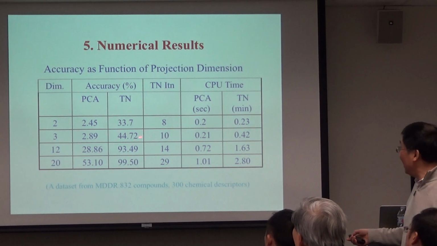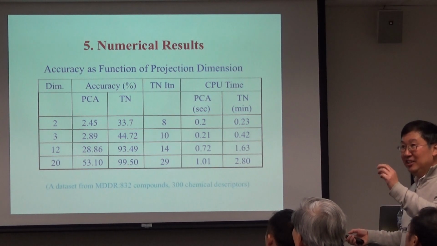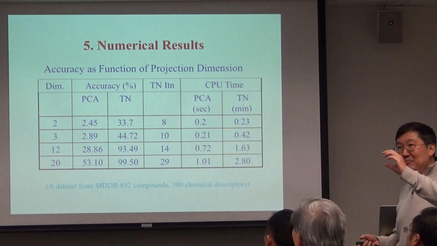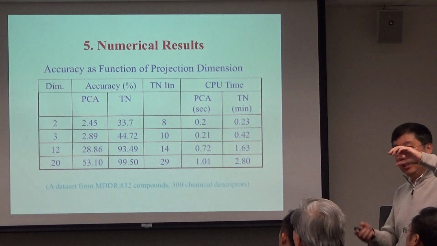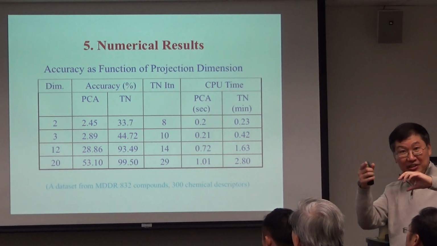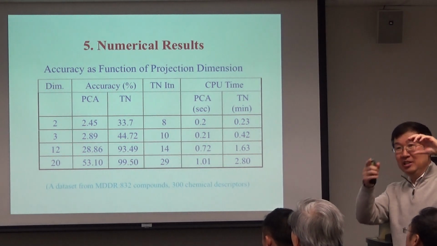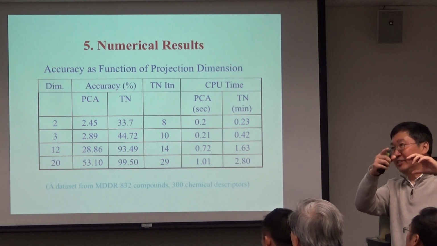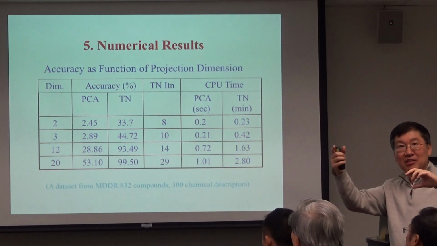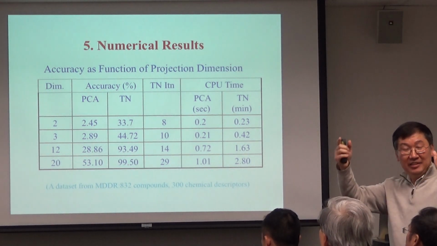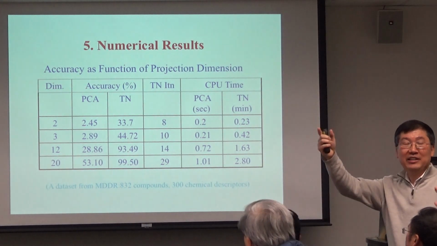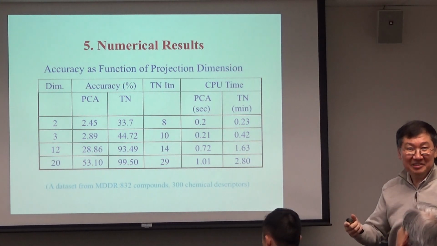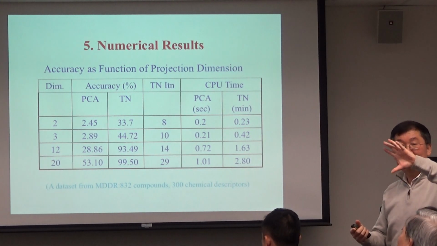So what does the accuracy mean? The accuracy here means the number of pairs within the accuracy you give. For example, compounds Xi and substrate compounds Sj, right? The distance is less than 10 to the negative 2. And then that's the number of pairs.